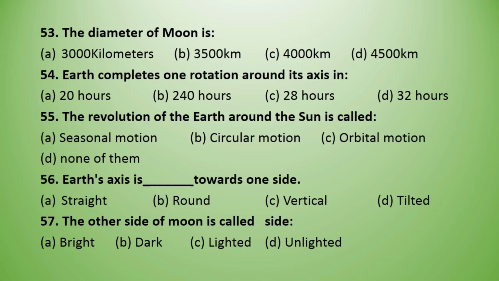Answer is C. Orbital motion. 56. Earth's axis is ___ towards one side. A. Straight, B. Round, C. Vertical, D. Tilted. Answer is D. Tilted. 57. The other side of moon is called ___ side. A. Bright, B. Dark, C. Lighted, D. Unlighted. Answer is B. Dark.